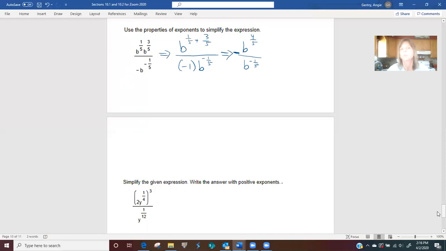Now you can move this guy upstairs and combine them or add the exponents, or you can use the quotient rule. Negative b, because that's now all negative. The actual thing is negative, not the exponent. 4/5 minus, this is the quotient rule, a to the m over a to the n is a to the m minus n.